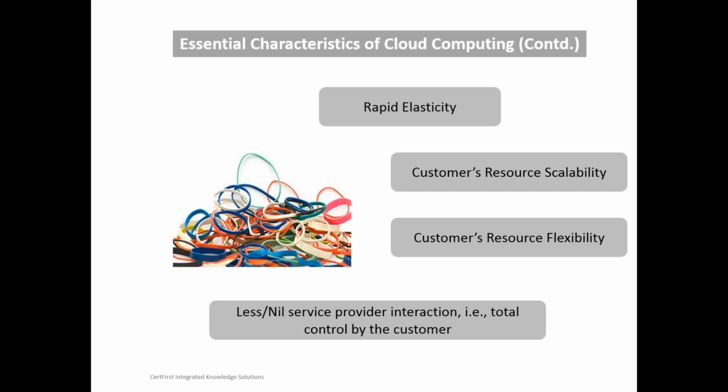That way the balance between the servers can easily be done, so that the customers will not face a lot of problems or even a lag or latency in the network. So elasticity is a way in which you can provision the servers, and not just that, when the traffic is low, you also have to deprovision the servers. So rapid elasticity is provisioning the servers when a threshold is breached, and deprovisioning the servers when the load comes down to a certain level.